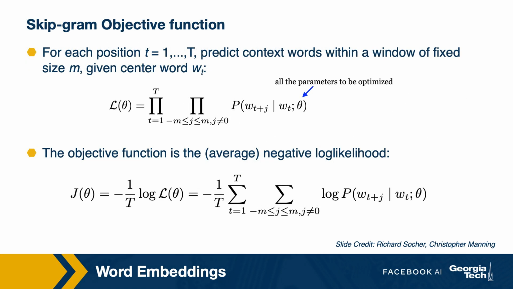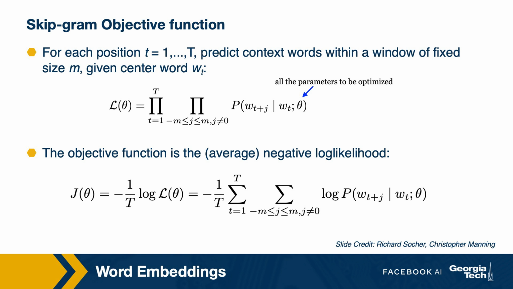More formally, we write down the following formula as the skipgram objective function. For each position t, predict the context words within a window of fixed size m, given the center word w_t, and we multiply all those probabilities to be our likelihood. Here theta is all the parameters to be optimized.